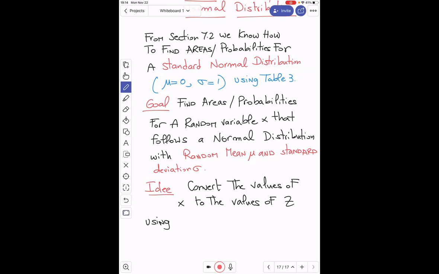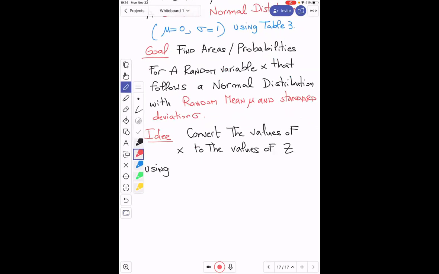So how do we convert the values of x to the values of z? We're going to use this formula a lot. z is equal to x minus mu, x minus the mean, over sigma, the standard deviation.